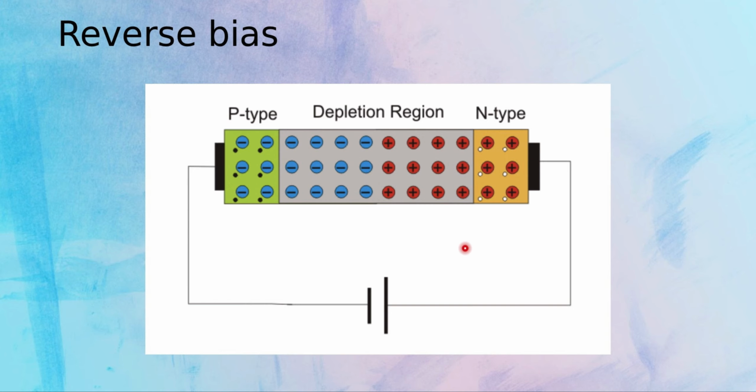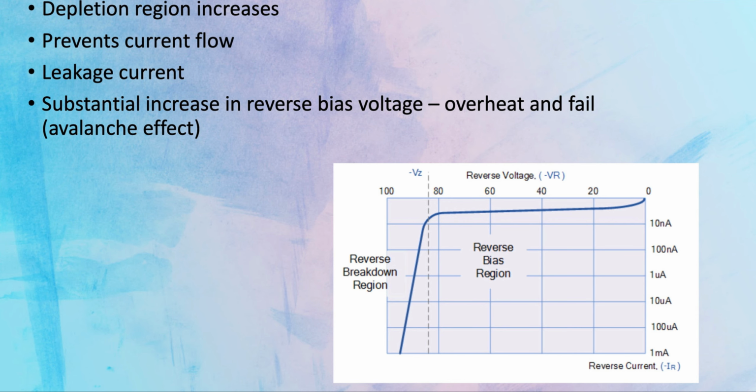So even a semiconductor in the non-conduction region is able to conduct above this breakdown voltage. This is called the avalanche effect. The region above which the diode starts conducting current in reverse bias is known as the reverse breakdown voltage.